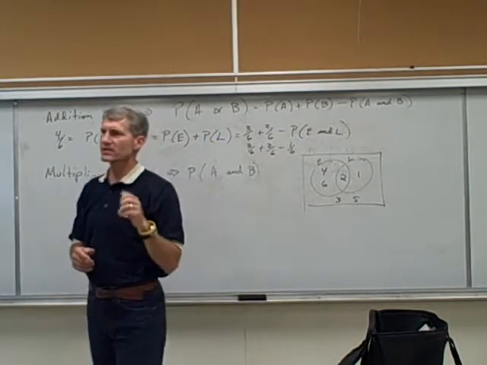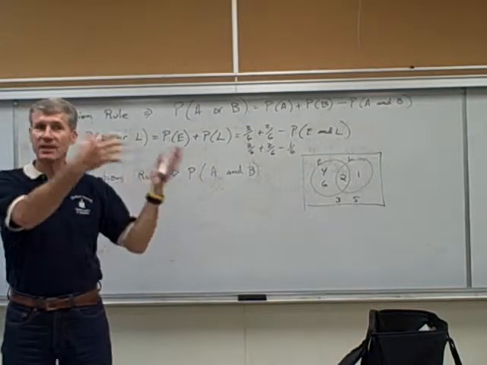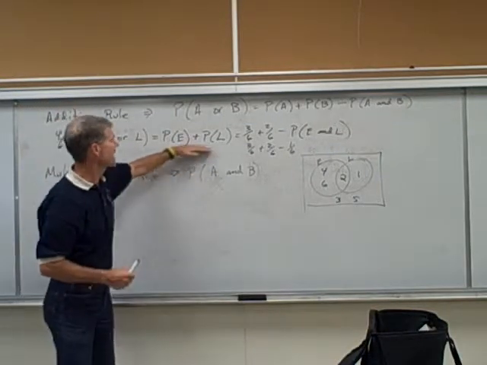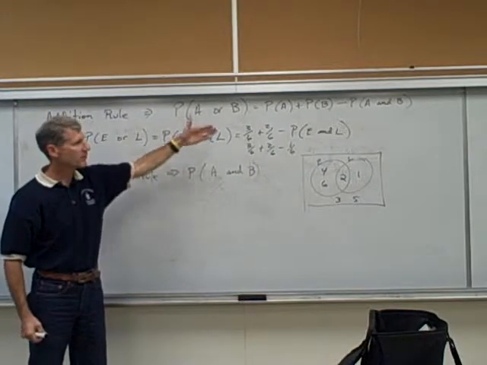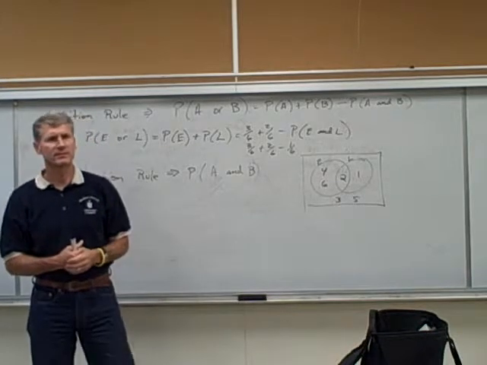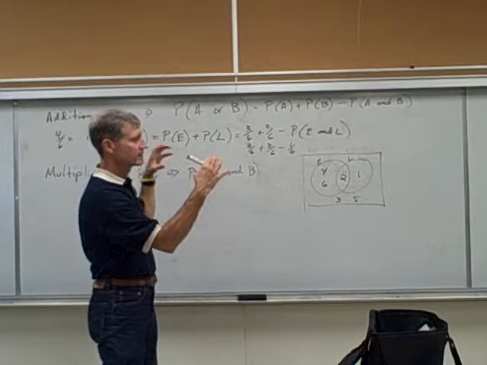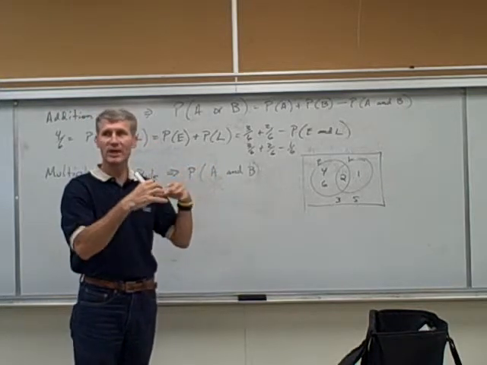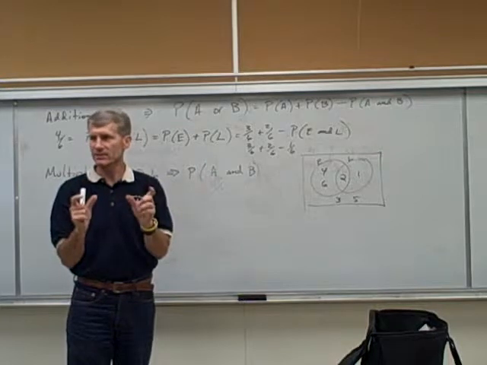Now, I said by default, if you have disjoint sets, this gives you the same rule that he had in the previous section, which didn't have the minus part. How come it works? What does disjoint mean, by the way? Okay, they're separate. The 2 circles don't overlap, which means there's no intersection. There's no elements that are in both sets.